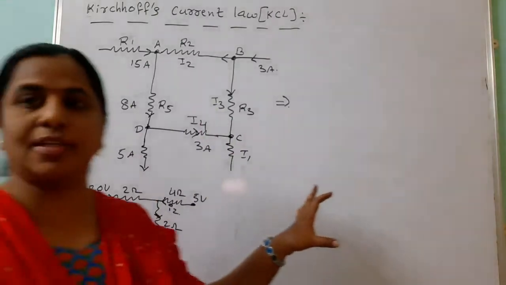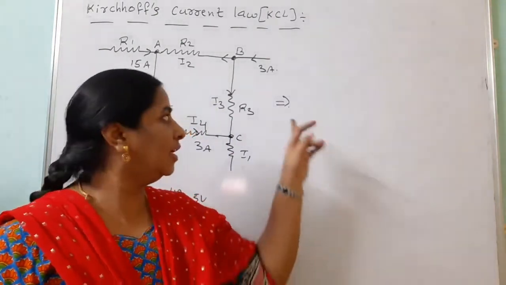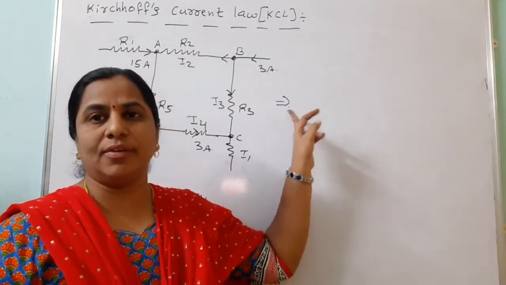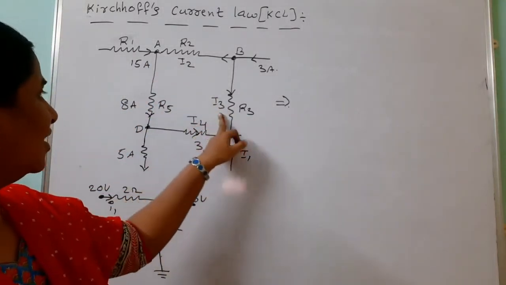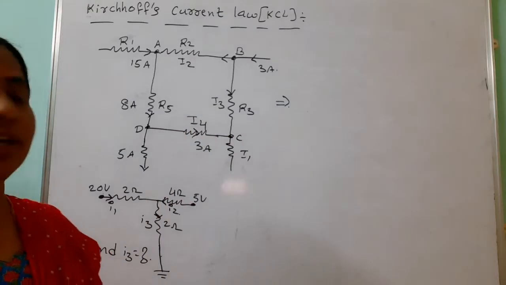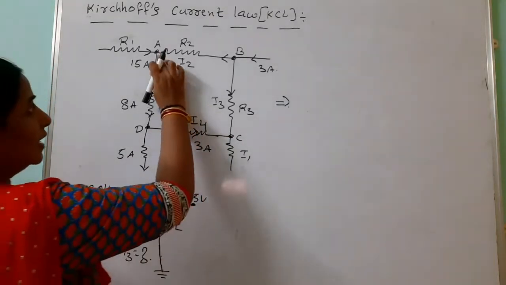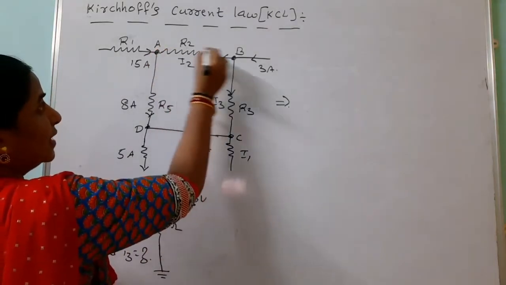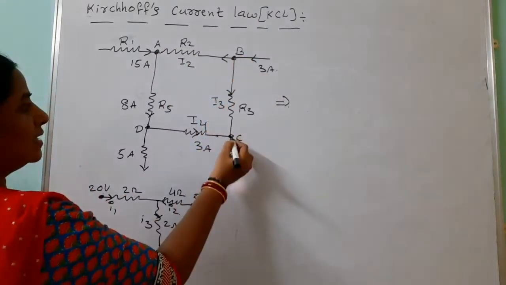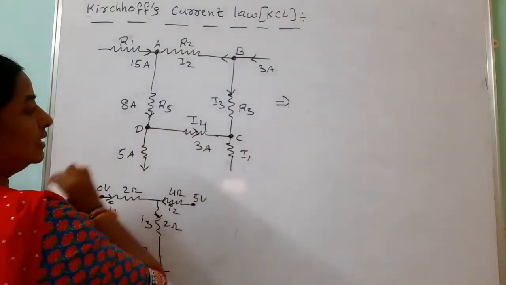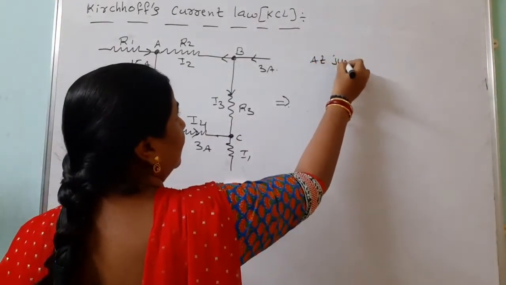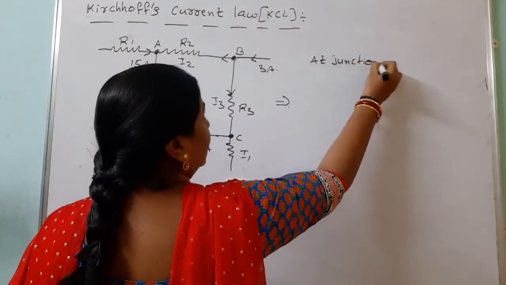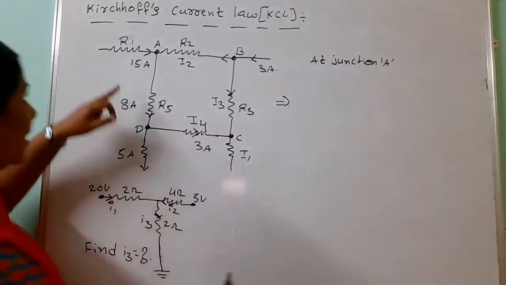Based on Kirchhoff's law, we do a few more problems. Look here, they have given one circuit. From this we can find I2, I3, and I4. How many junctions are there in total? This is junction A, this is junction B, this is junction C, and this is junction D. First we go through junction A. At junction A, what is the incoming current?